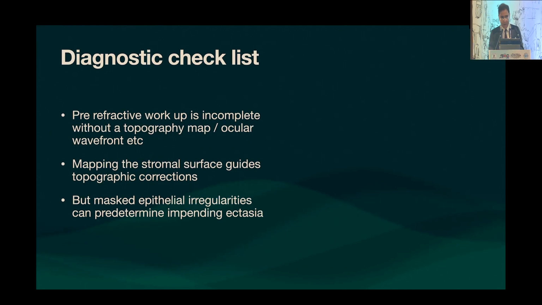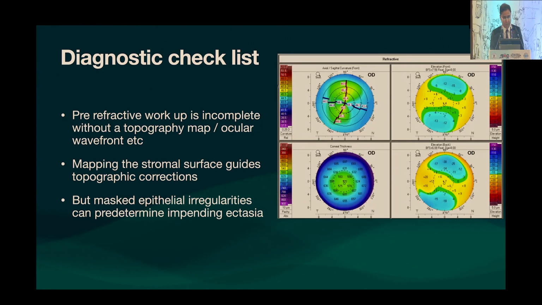So in the diagnostic checklist now, of course topography has to be done, ocular wavefront analysis has to be done, dilated refraction, all those things. We are looking at the stroma most of the time, but we are forgetting the epithelium, because the epithelium many times masks irregularities or causes irregularities, and that can cause a complete change in your refractive outcome.